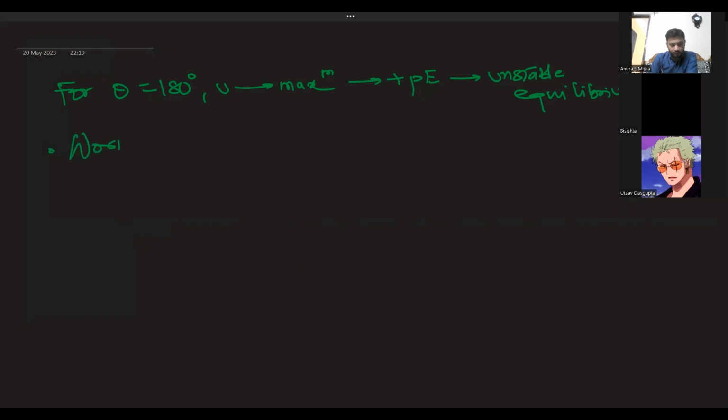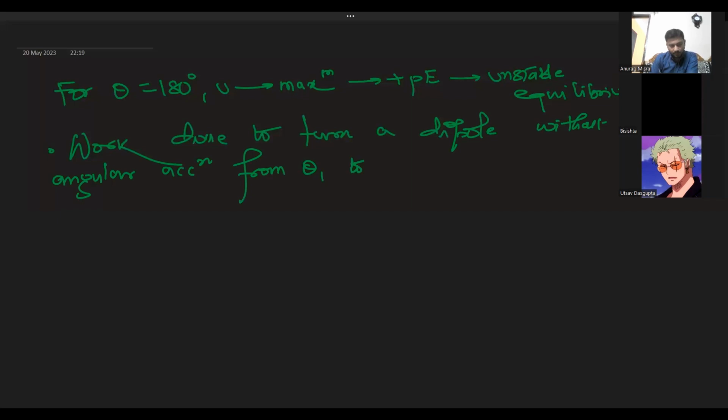Remember that work done, without angular acceleration, to turn the dipole from angle theta 1 to angle theta 2 is always equal to the change in potential energy.